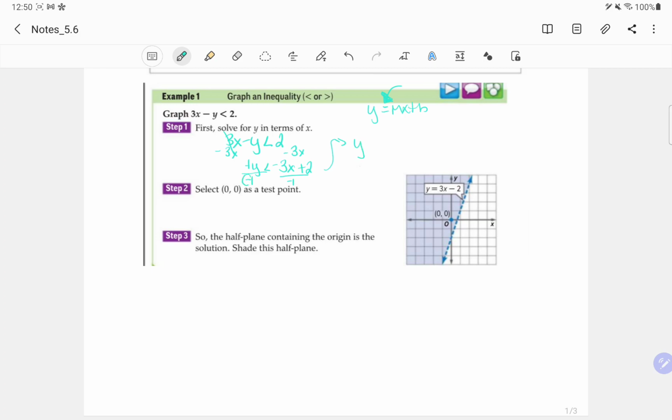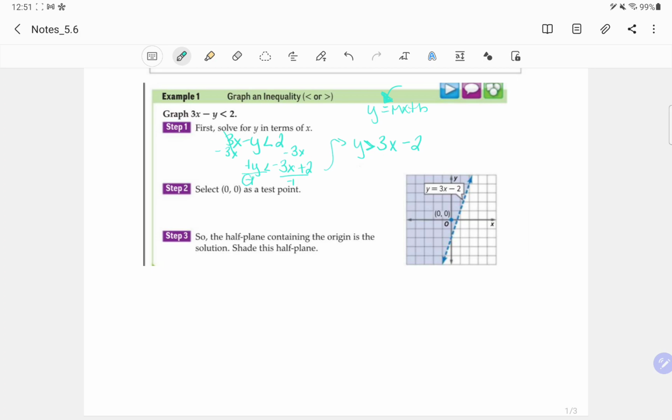If I divide by this negative 1, we still have to flip that sign. That rule is not going away. You divide by a negative, you flip the sign. So now y is greater than negative 3 divided by negative 1 would become a positive 3x, and then plus 2 would become minus 2. Okay, so you're just changing the sign of everything in there, basically.